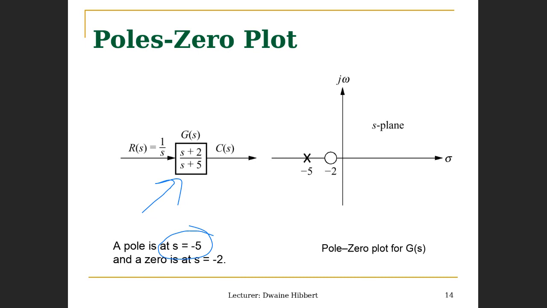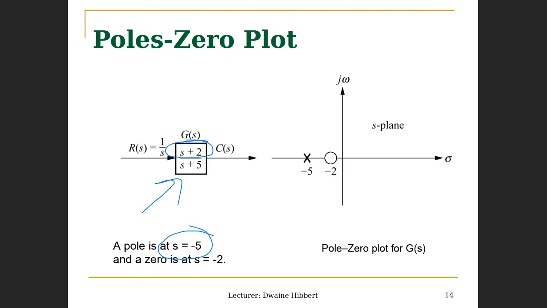Now, for the zero: a zero is any value of s that will make the transfer function become 0. Again, if we want the function to become 0, we should focus our attention on the numerator. What do we need to do to the numerator to make it equal to 0?